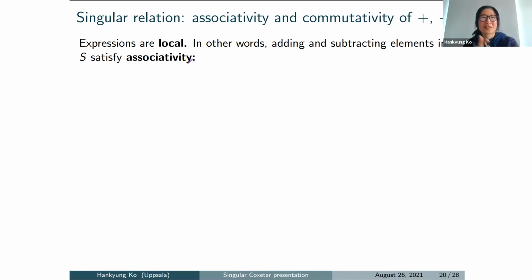And to do that you need exactly the associativity. And in our definition of expressions, or in the past, it wasn't clear why such a thing works. So let's give an example.